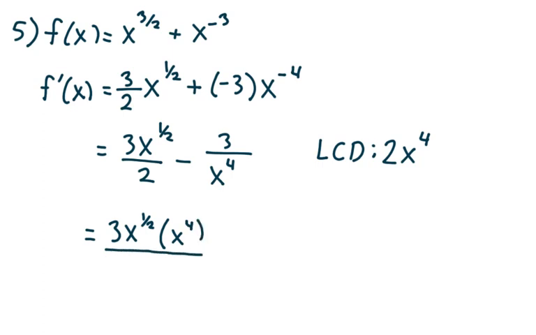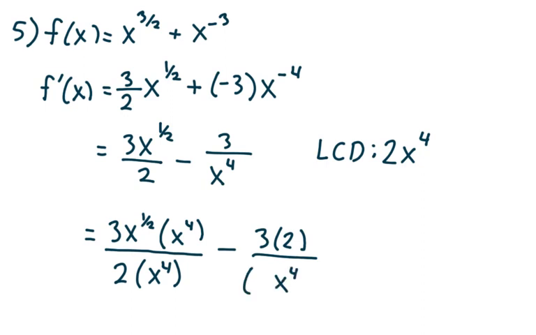And then notice how 2 is in the denominator, and I'm going to multiply the 2 by x to the 4th. That way I get a common denominator, right? And then I'm going to take 3, which is in the numerator. I'm going to multiply by 2. And in the denominator, we have x to the 4th. And I'm going to multiply that denominator by 2.